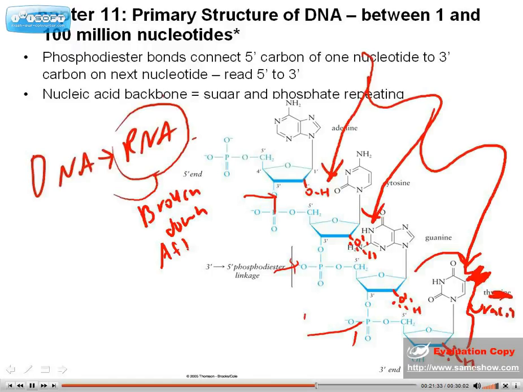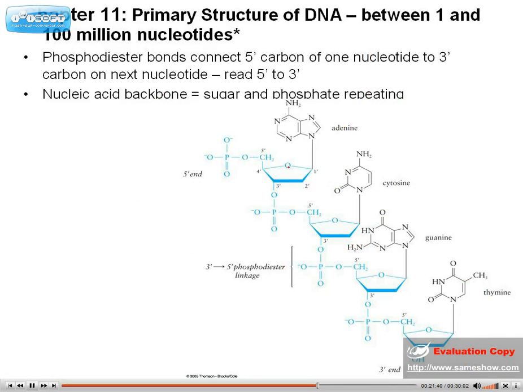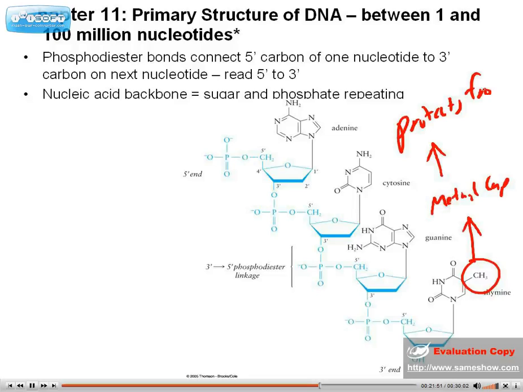So they can be broken down after 1 hour. However, if I convert it back to DNA, it turns out that the thymine, also known as a methyl cap, actually protects it from being digested, broken down. The no oxygen also protects.